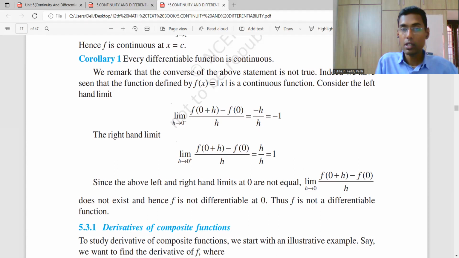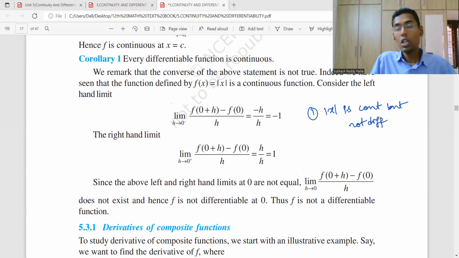We discussed that mod x is continuous for all real numbers, but not differentiable at x equal to 0. When we discuss a function, we are discussing it in its domain. At x equal to 0, the corner point, it's not differentiable.